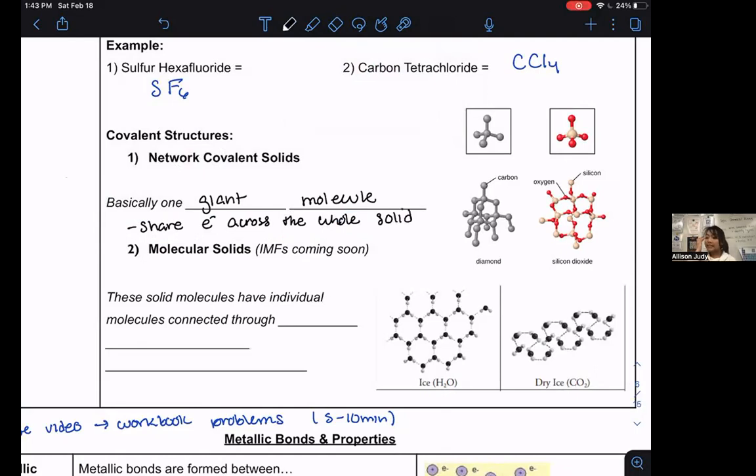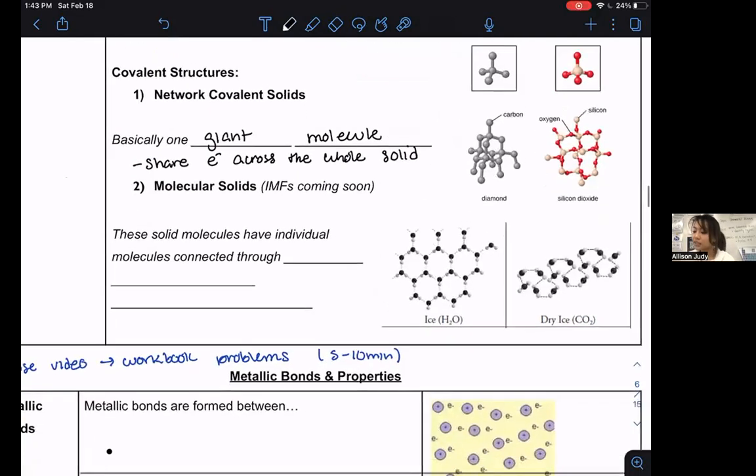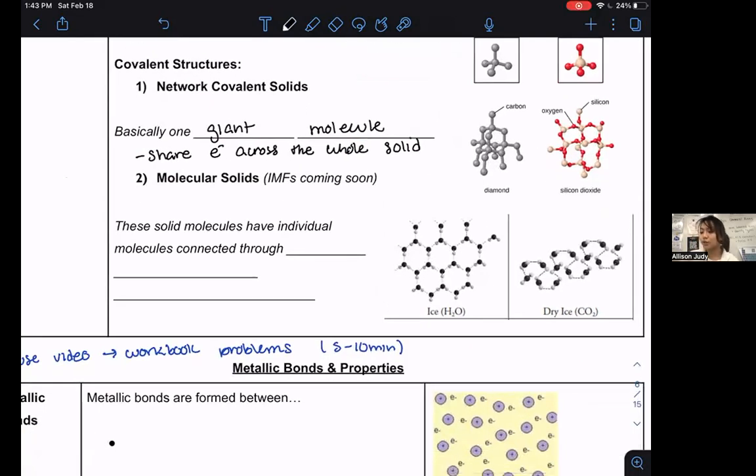But then there's a second type known as a molecular solid, where individual molecules are connected through intermolecular forces. But notice, this is not sharing electrons across the molecule, or across the whole solid, to put it in comparison terms.